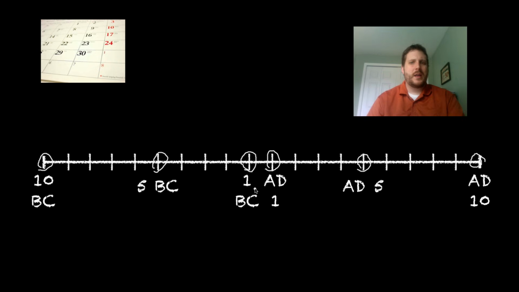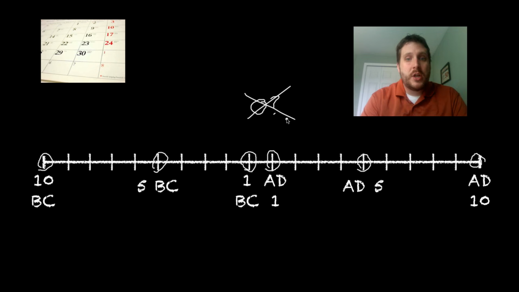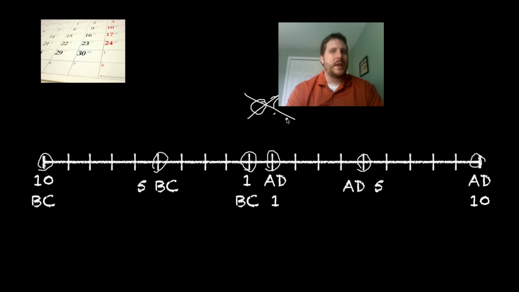I know some of you right now are thinking, Mr. Corwin, you're missing 0. Where is year 0? And the simple answer for that is in the Gregorian calendar, and the Julian calendar before that, there is, in fact, no year 0. So you go directly from 1 BC to AD 1, and there's no year in between.